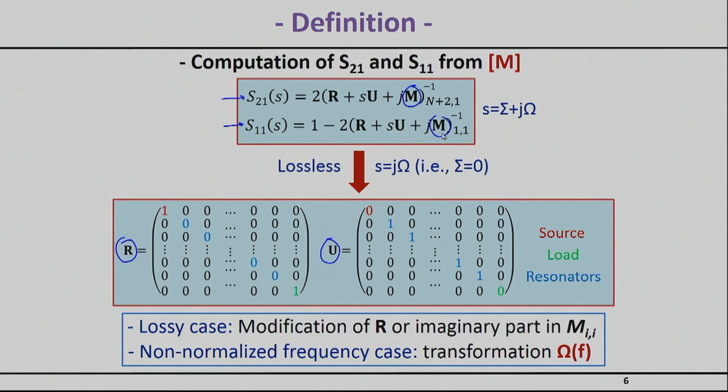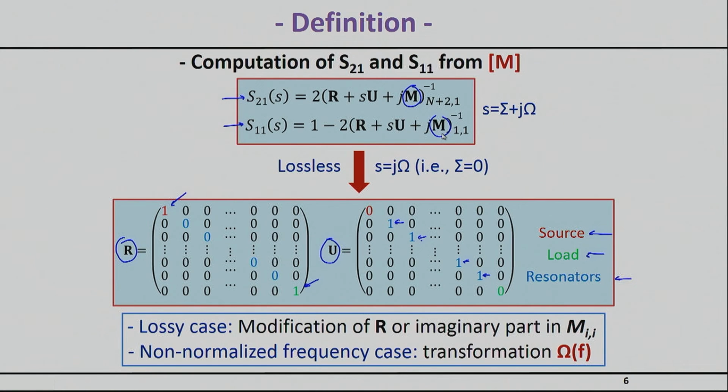It's a zero matrix except for the very last and the very first elements. And similarly, matrix U has only the main diagonal with the elements that you see right here. I have color-coded some of these elements so you can understand whether they represent something related to the source, the load, or the resonators.